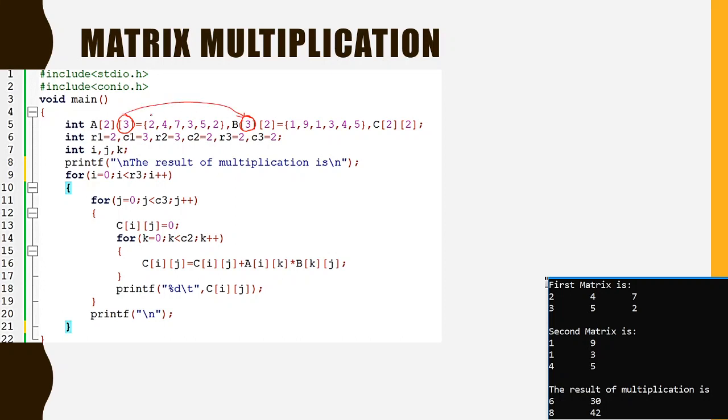It means matrix multiplication can happen, and the number of rows of the first matrix and the number of columns of the second matrix appear in the resultant matrix as its rows and columns. Here we have taken r1, r2, r3. You can also take these elements from the user, but for ease of explanation I have taken them in initialization mode.